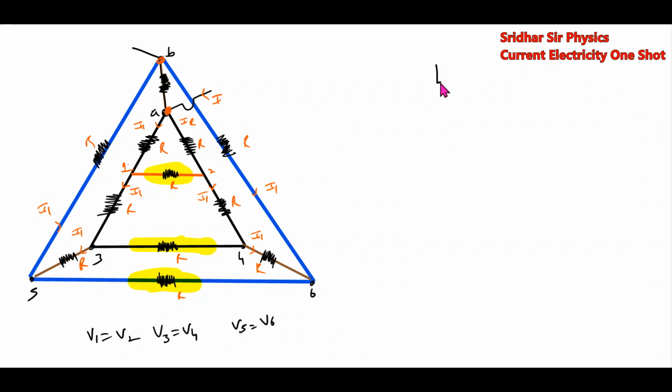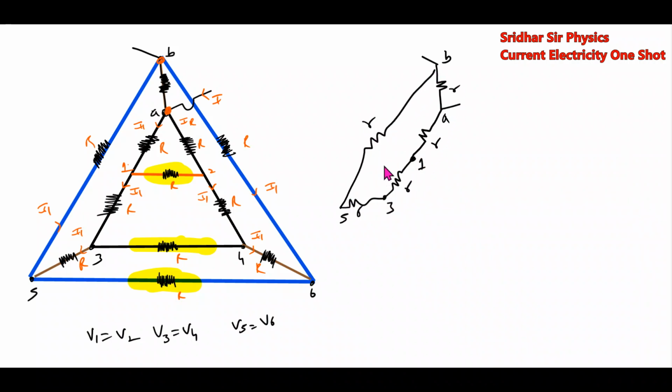So then for the effective resistance, this is the point A, B, 1, 3, 5. These are R, and R.